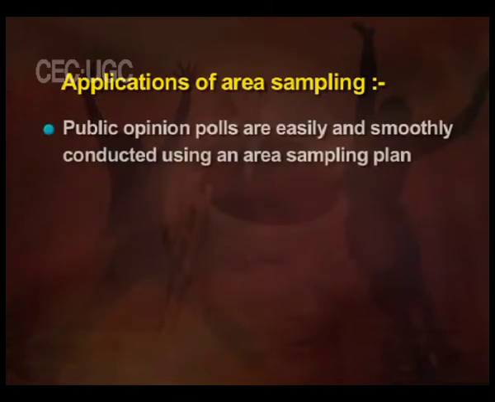And finally, public opinion polls are easily and smoothly conducted using an area sampling plan. Sometimes cluster sampling is done in multiple stages, and this brings us to the next technique, which is called multistage sampling.